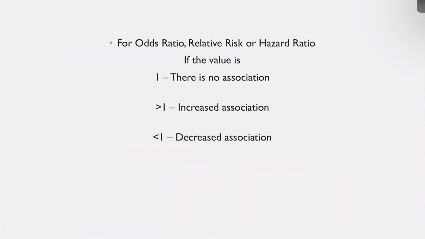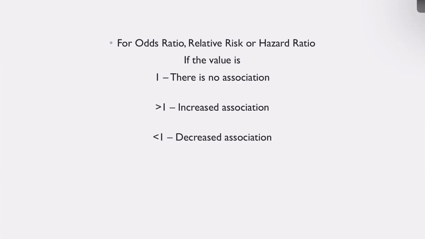Now, this is important. For odds ratio, relative risk, or hazard ratio, if the value is 1, remember that there is no association. If the value is more than 1 and increasing, it means there's an increased association. And if the value is less than 1, there is decreased association. You may ask why? Because whenever you're calculating a ratio, if the number 1 comes up, it means the numerator and the denominator are both the same.